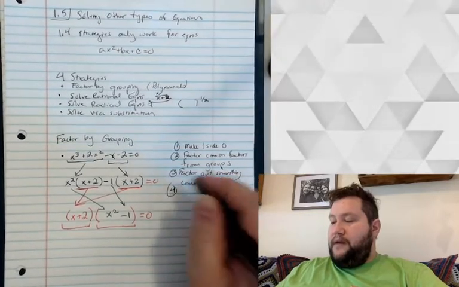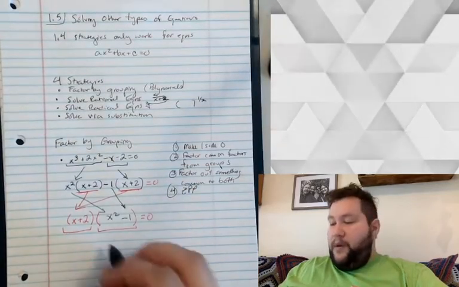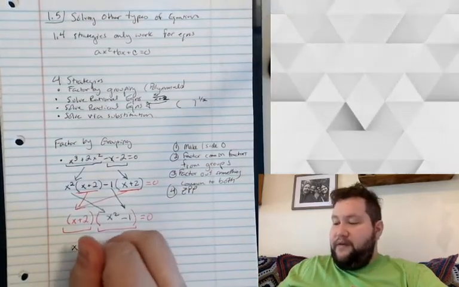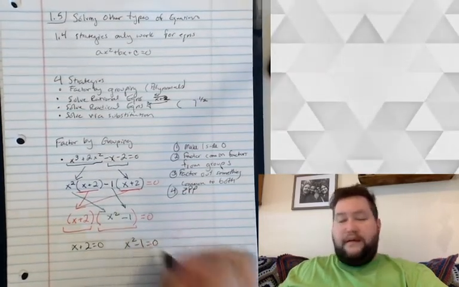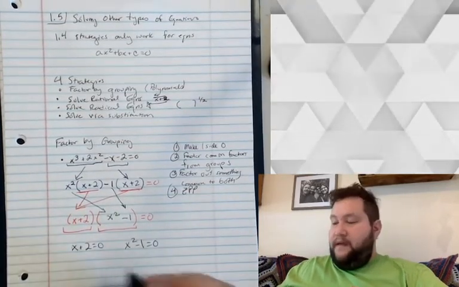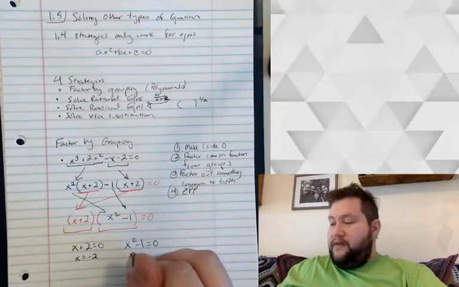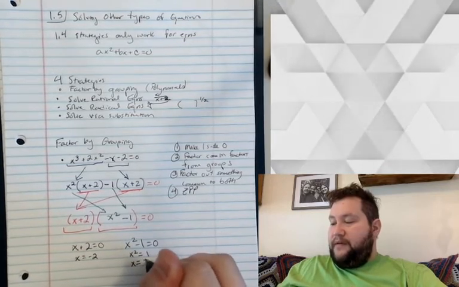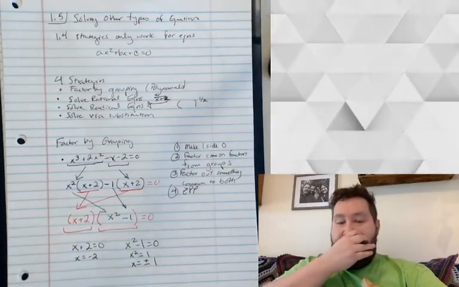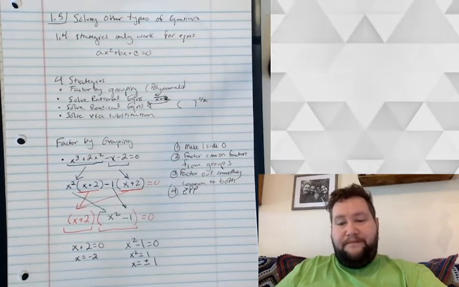And then what we can do here is use our zero product principle. We know either that x plus 2 is equal to 0 or x squared minus 1 is equal to 0. Solving this one, we get x equals negative 2. Here we get x squared equals 1, or x equals plus or minus 1. Remember, our square root always introduces a plus or minus.